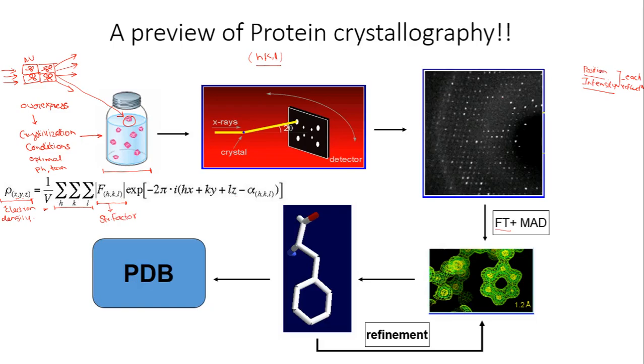So this data from X-ray crystallography, from position and intensity, enables you to calculate this structure factor. And in this expression, this i indicates a complex number, the kind usually involved in Fourier series and transforms.